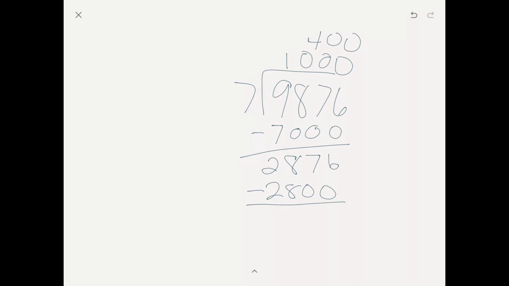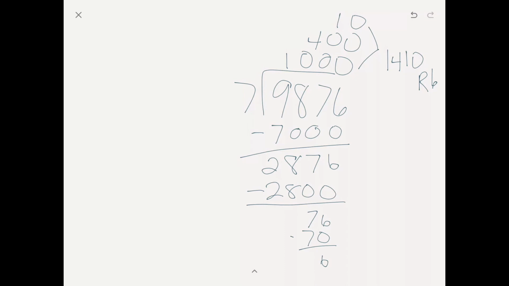And then when I subtract, I've got 76 left. Oh, that works nice. So I've got 10 would give me 70, and then I'm left with a remainder of 6. So my answer is 1,410 with a remainder of 6. Now, if you're working with fractions, you can have them write that as 6/7, right?